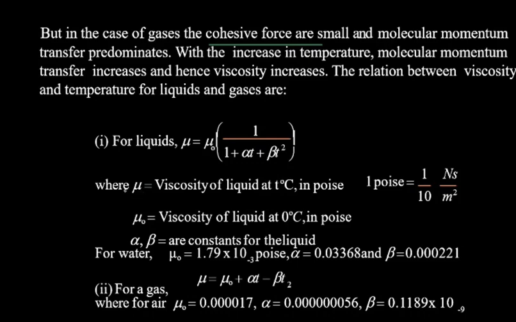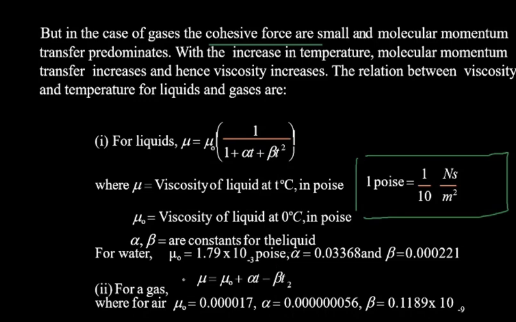The unit of viscosity is Newton second per meter square, and it is also called poise. 1 poise is equal to 1 by 10 Newton second per meter square. mu naught is the viscosity of the liquid at 0 degree centigrade in poise. Alpha and beta are constants for the liquid.